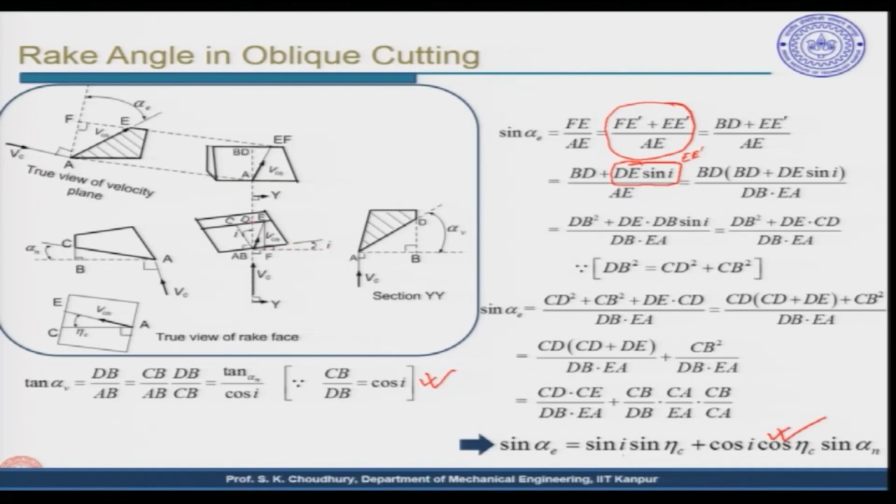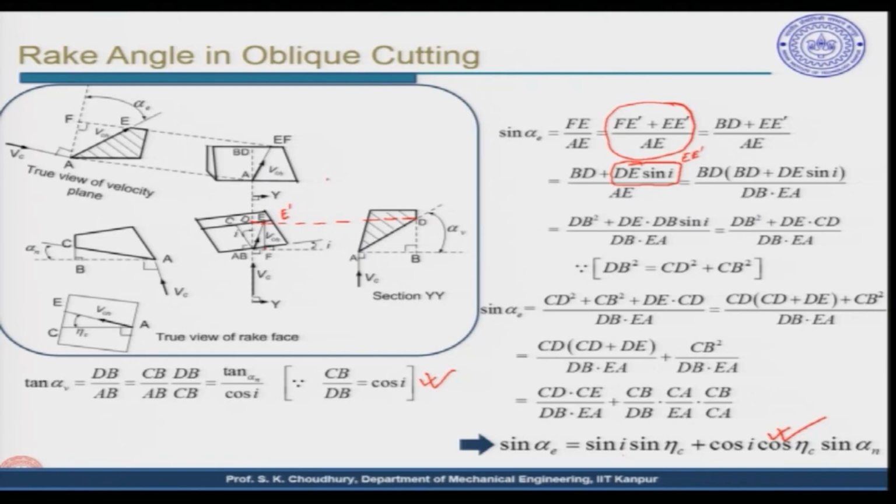If you extend this line, as I said, it gets into the D point. This line intersects the vertical line EF at a point, which is EE prime.